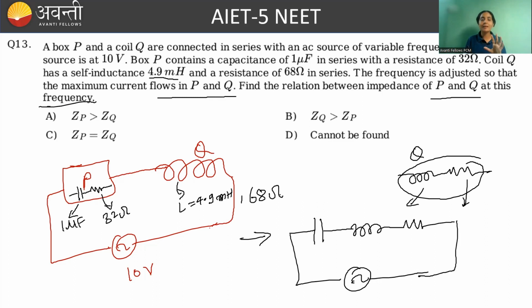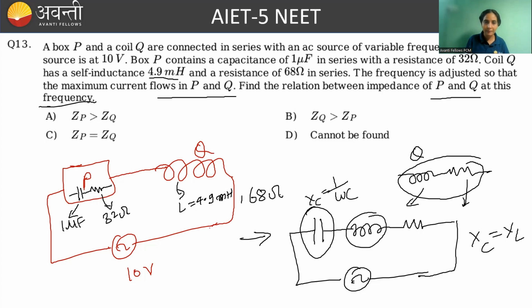And in an LCR circuit, we have already studied that current is maximum when XC is equal to XL. It means inductive reactance and capacitive reactance are equal. This XC is 1 by omega C and this XL is omega L. These two are equal.